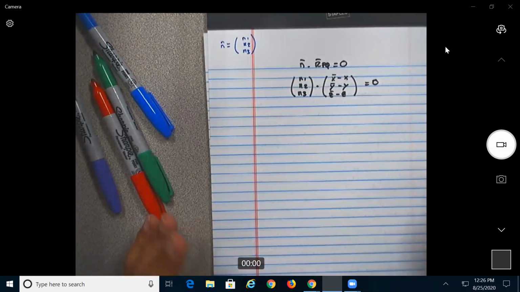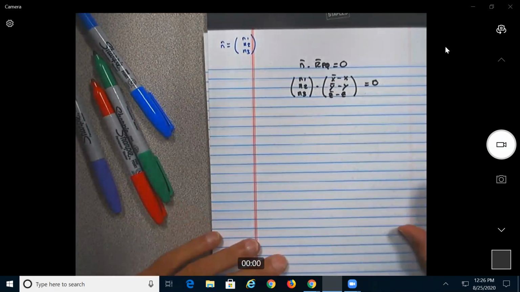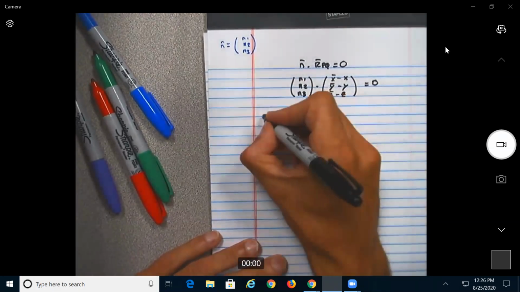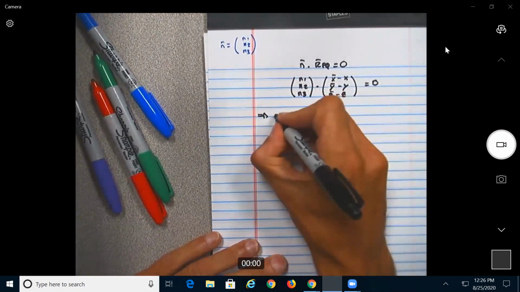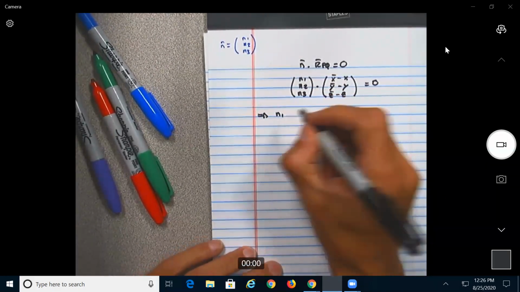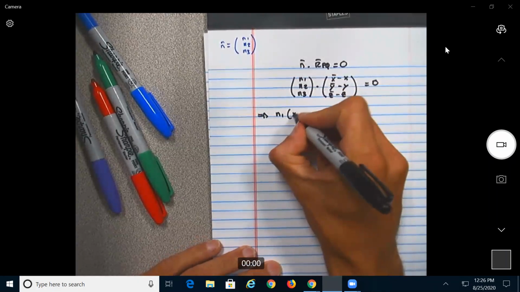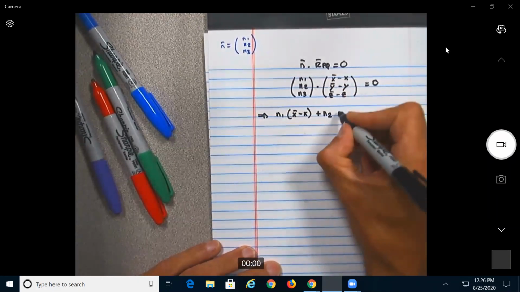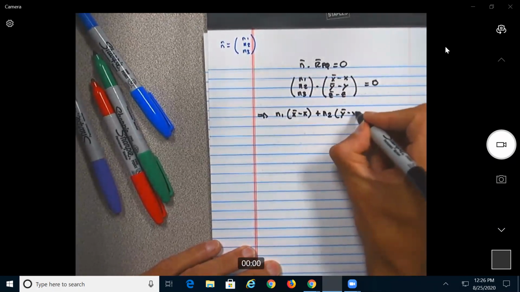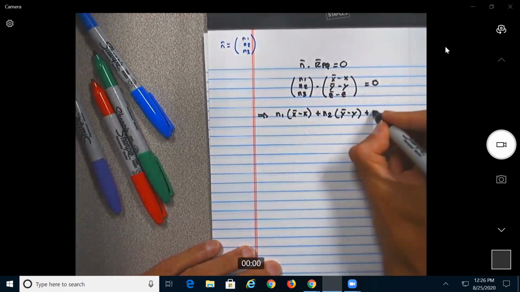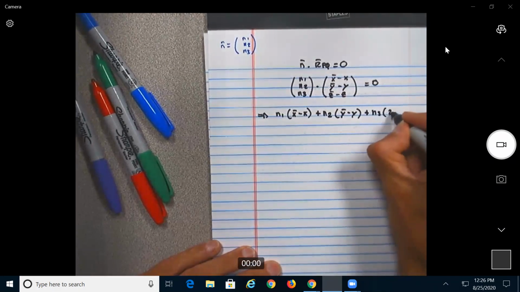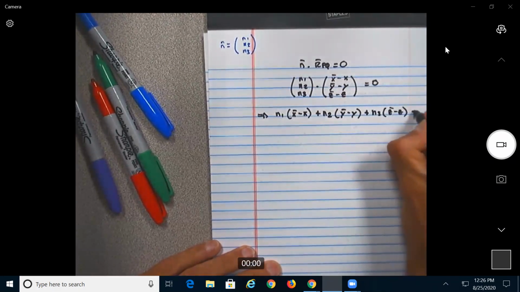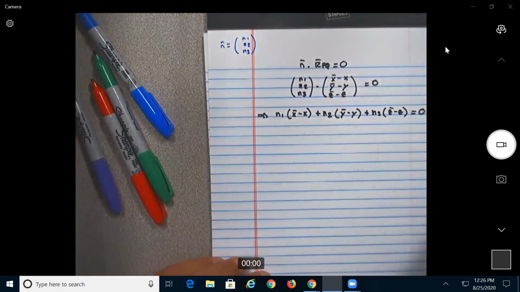You see the simple calculation. So now, what happens if we do this calculation? We get that n1 times X bar minus X plus n2 times Y bar minus Y plus n3 times Z bar minus Z should be equal to 0.